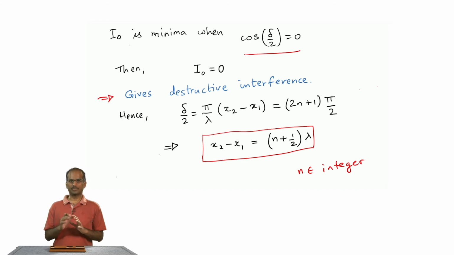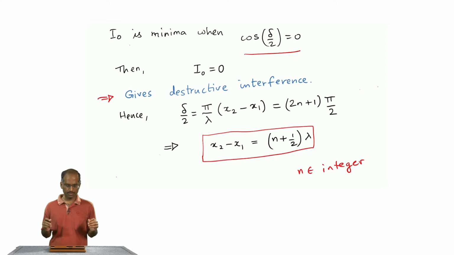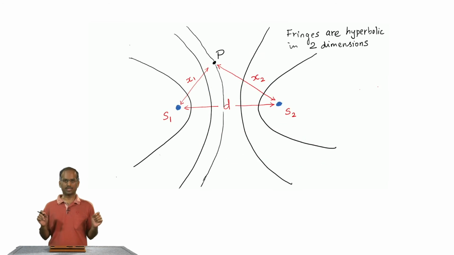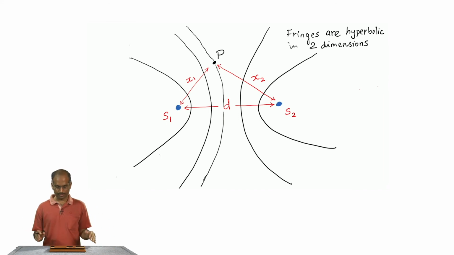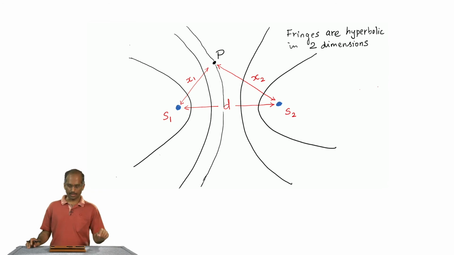So, now that we have worked out the condition for constructive and destructive interference, you can ask the question, what would be the pattern that I will see. So, we have this S1 and S2, which are sources of monochromatic coherent light. They are separated by a distance d, and point P, which we are monitoring, is distant x1 from S1 and x2 from S2.